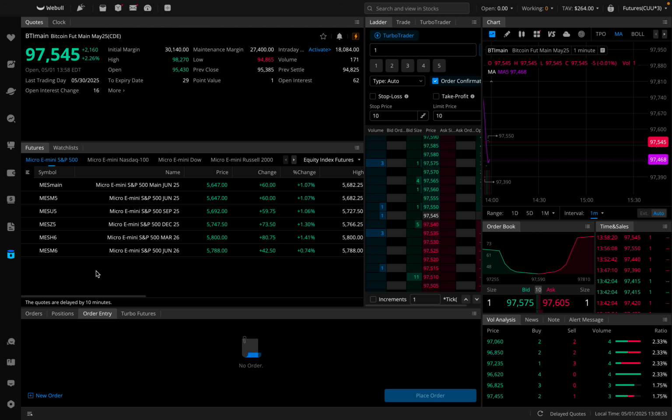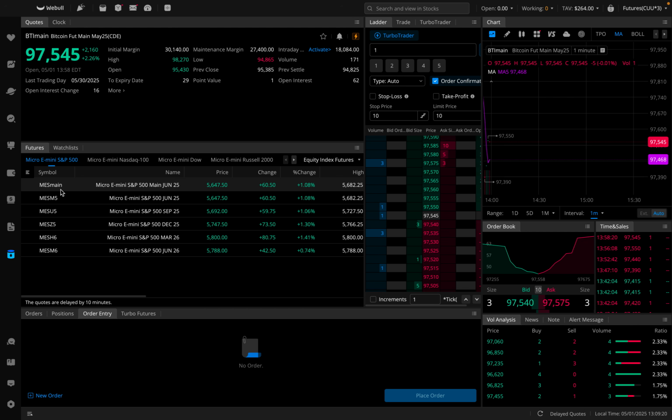Every futures product has multiple contracts. We can see multiple contracts here with different expiration dates. On Webull, the contract that has the most activity and trading volume is referred to as the main contract. Notice the first contract we see here says MES main.